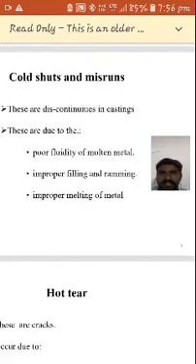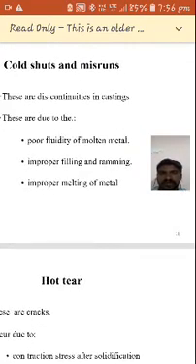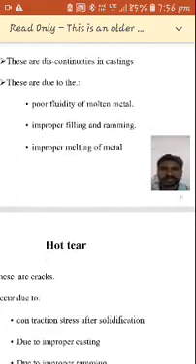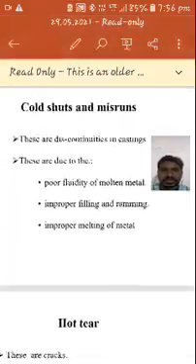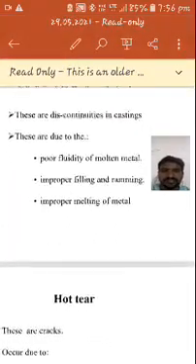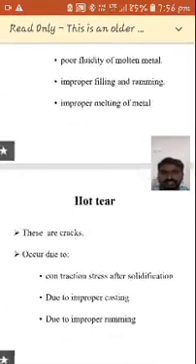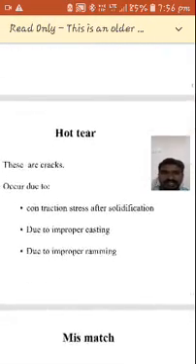And improper melting of metal, as I said earlier, should be avoided; the melting should be done properly. So that is about cold shuts and misruns, which are discontinuities in castings.